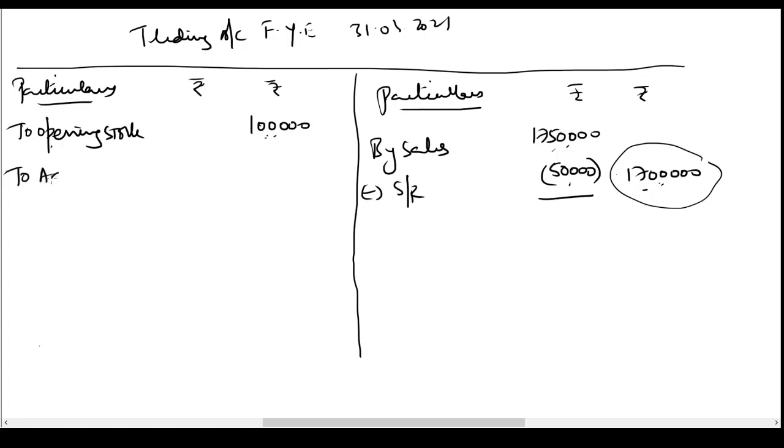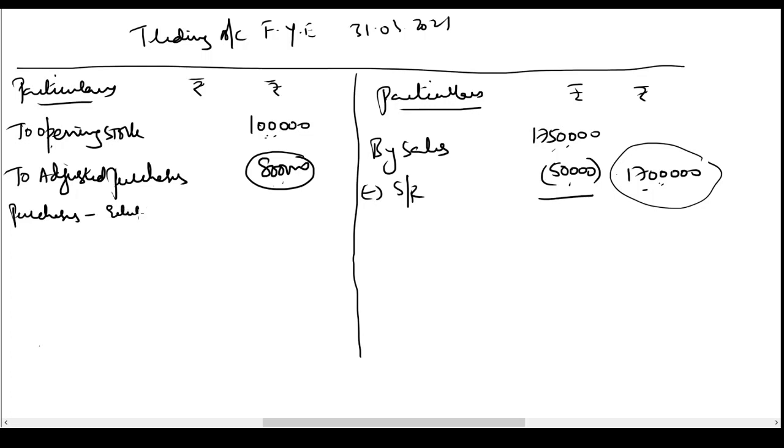To adjusted purchases, it is 8 lakhs. Now this amount is purchases less returns and also after closing stock. So after doing these adjustments, this amount is coming. So this is the cost price of the goods which have been sold. That is why I am debiting it to the trading account.